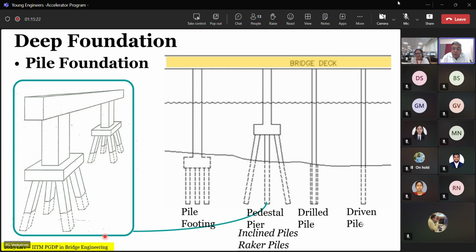In your normal bridges, which element sees the maximum lateral force in a non-seismic situation? In a non-seismic situation, which component of your bridge system sees the maximum lateral load? We just went through it about 20 minutes back.